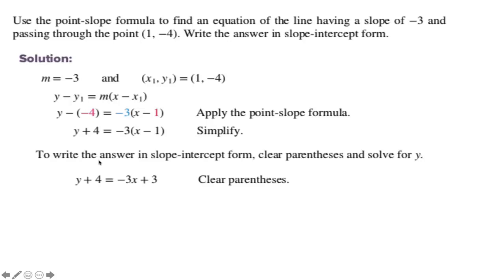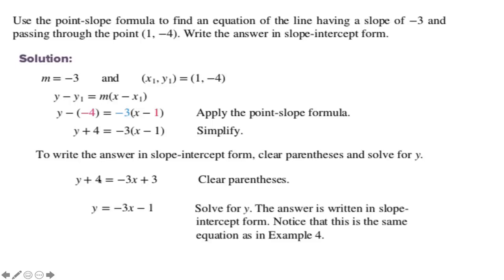One way to do this is to clear the parentheses. -3 times x is -3x, -3 times -1 is +3, and then move the 4 over by subtracting 4, and here's my slope-intercept form. But in general, if you take pre-calc or calculus, it's okay to leave the answer in either point-slope form or slope-intercept form. Either form would be valid.